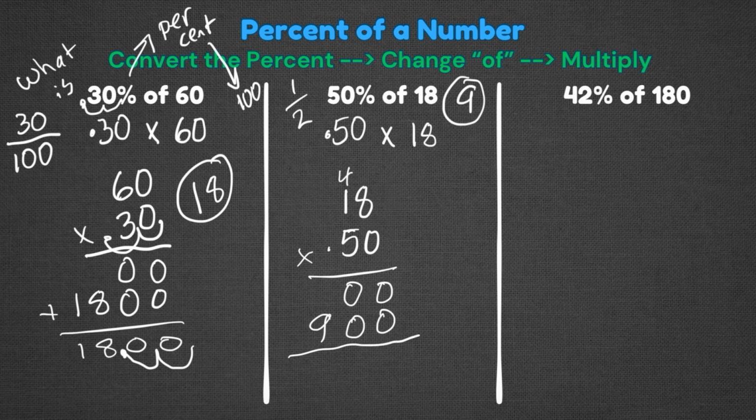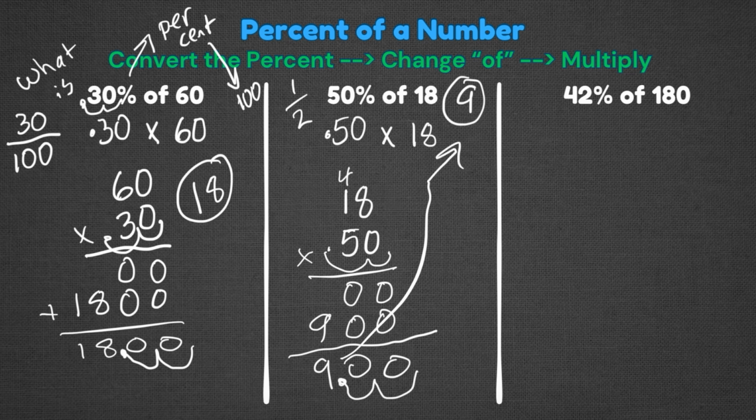And you can see it looks like our answer is a big one again. 900. Don't forget, there's 2 decimal places in our problem, so we must have 2 decimal places in our answer. And that gets us right back to that answer of 9.